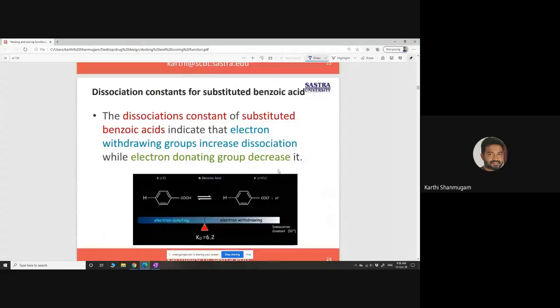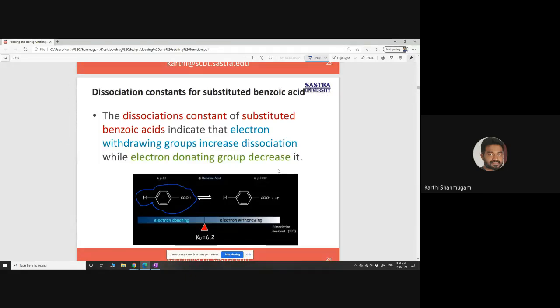Okay, so this is the experiment he did for relating how the structure is related to the activity. He took a series of organic acids. This is the structure of benzoic acid. What he did is he calculated the K, the equilibrium constant, for this benzoic acid.